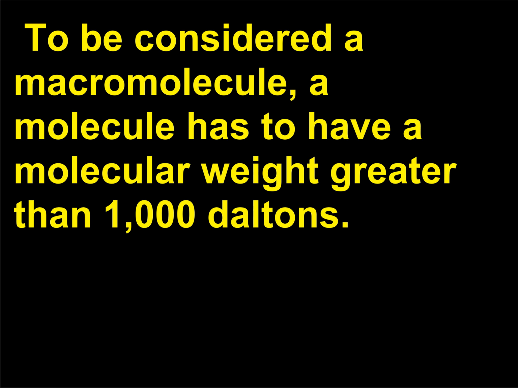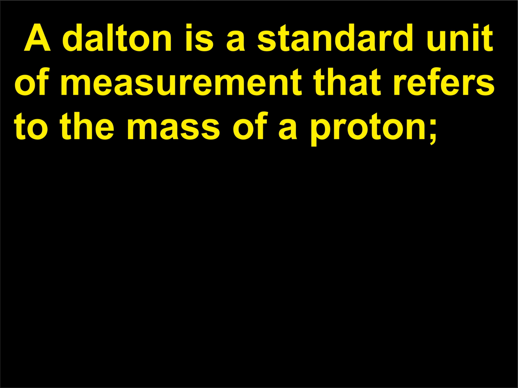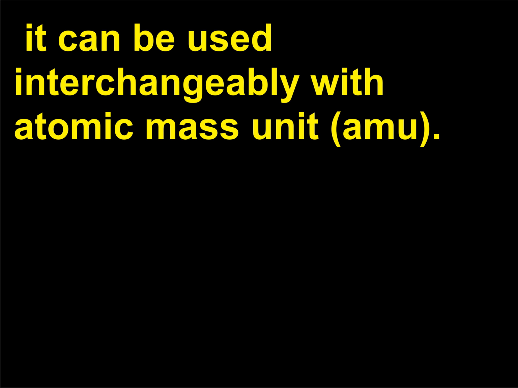To be considered a macromolecule, a molecule has to have a molecular weight greater than 1000 daltons. A dalton is a standard unit of measurement that refers to the mass of a proton. It can be used interchangeably with atomic mass unit, AMU.